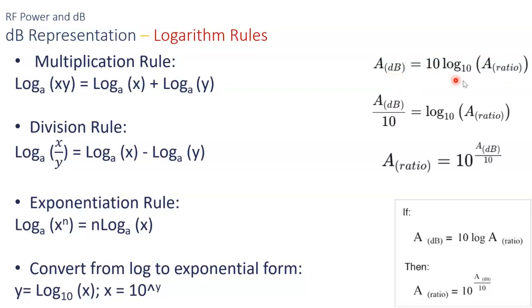A in dB equals 10 log A ratio, which is the ratio of 2 powers in watt, which means A in dB divided by 10 equals log of A ratio, which means that 10 power A in dB divided by 10 equals A ratio.